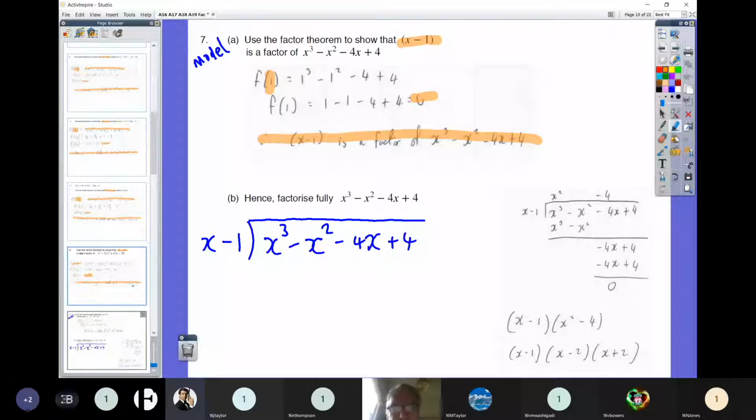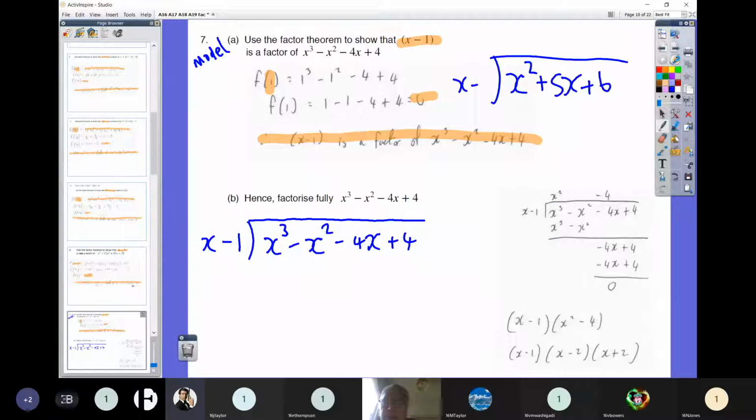Okay, so if you take the big equation, x squared plus 5x plus 6, and you divide it by x plus 2, you will get x plus 3. Because x plus 3 times x plus 2 is x squared plus 5x plus 6. So obviously, if you've got two things being multiplied together to equal something, if you take that right-hand side and divide by either of the brackets on the left, you're going to get the other bracket on the left.